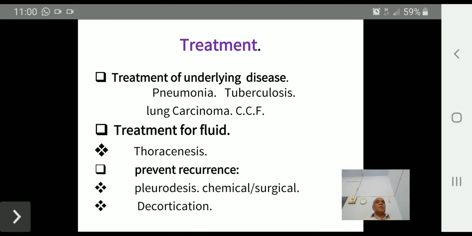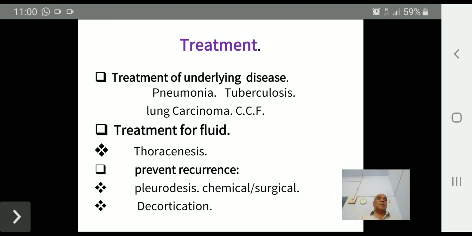When the patient is having shortness of breath, you should do thoracocentesis to relieve the symptom. For the diagnostic purpose, the underlying etiology is to be confirmed. If there is repeated fluid formation, we try to prevent the recurrence.